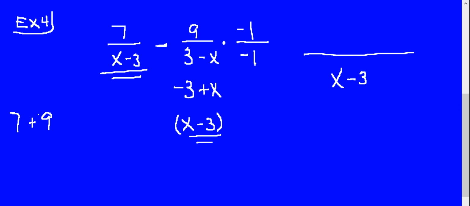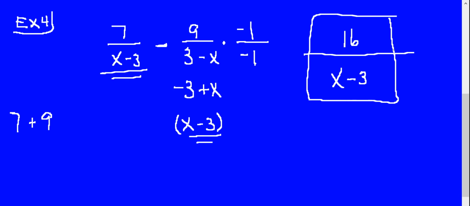And what am I going to get? 7 plus 9. And that gives me 16. And that's my answer. So what we did was multiply this denominator, because they're opposite, by -1, and it allowed me to rearrange it to be x minus 3, and they're the same.